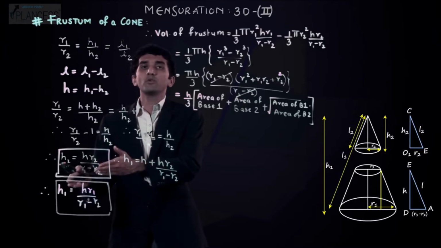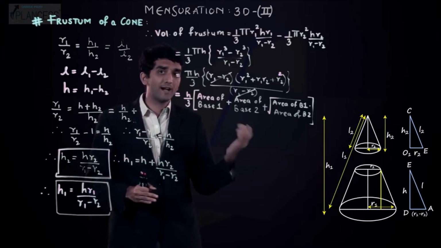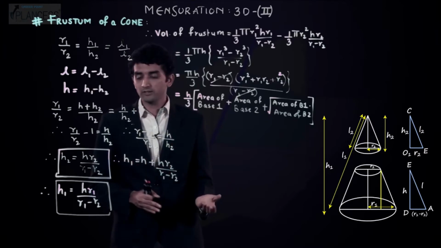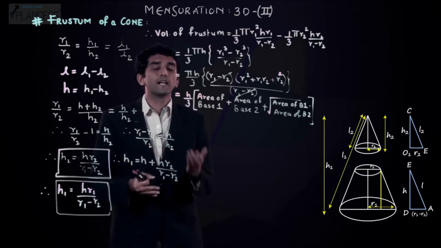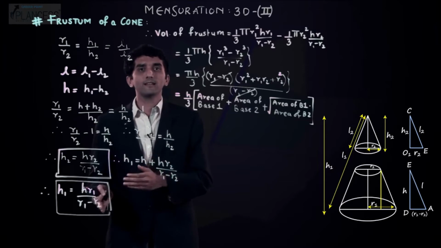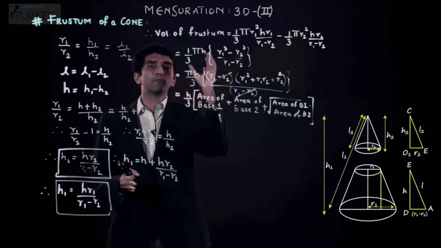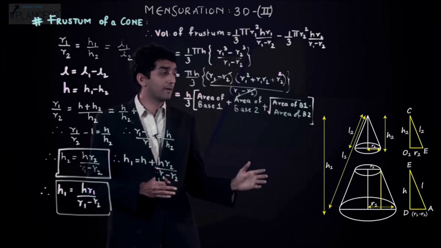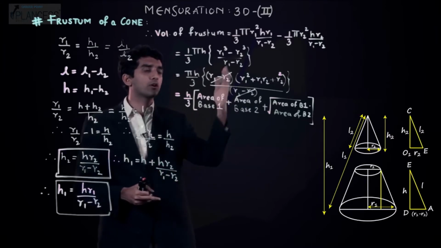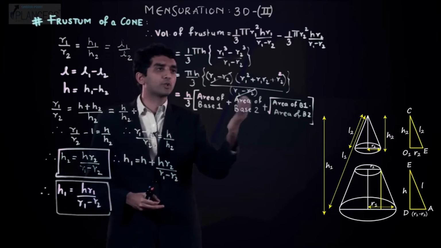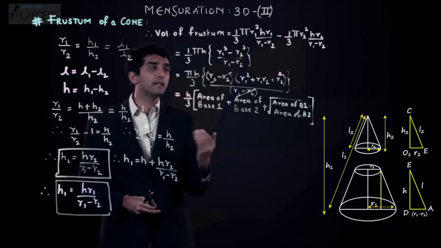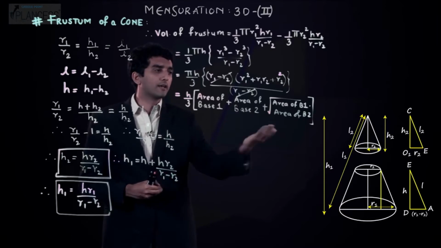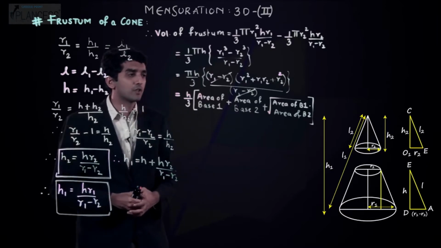So we found those values in terms of the values which will be a part of the frustum: H, the height of the frustum, R1 and R2, the radii of the bottom base and the top base. Using all these values, we derived the frustum volume as the volume of the bigger cone minus the volume of the smaller cone, and then simplified it to pi h by 3 into R1 square plus R1 R2 plus R2 square, or it can be written in this form as well.